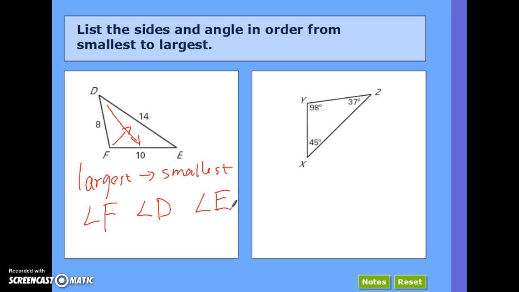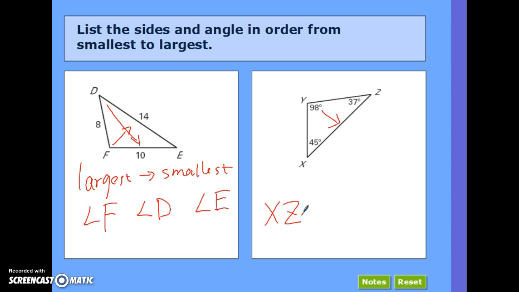And in the second example, we have three measures, 37 degrees, 45 degrees, 98 degrees. So the largest angle is angle Y, which is 98 degrees. That means the side opposite to that angle is the longest. So side XZ is the longest side.